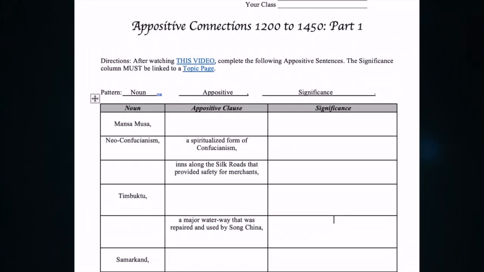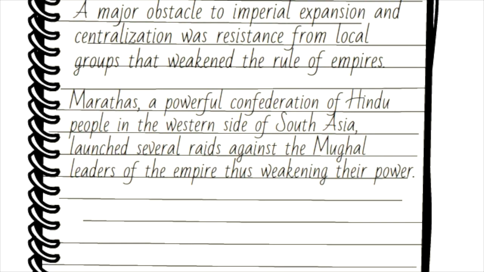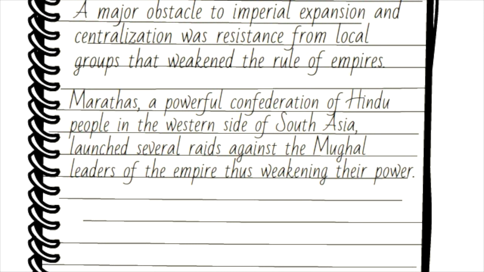I'm showing you how you would work that into an argument. Marathas, that is the vocab word, that's the evidence. Then you have this clause separated by two commas, a powerful confederation of Hindu people on the western side of South Asia. That, remember, that's the appositive. That's the noun clause that defines Marathas.